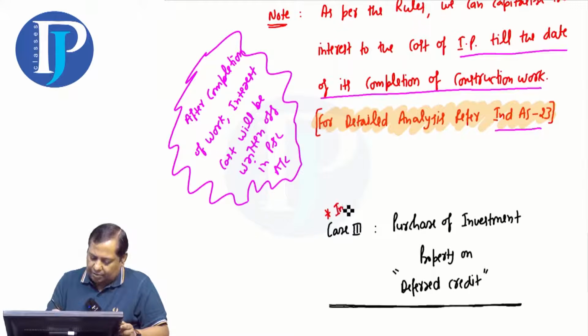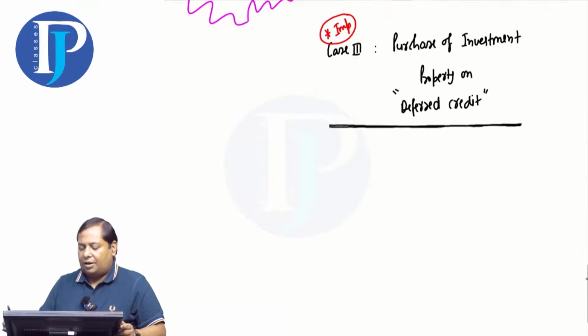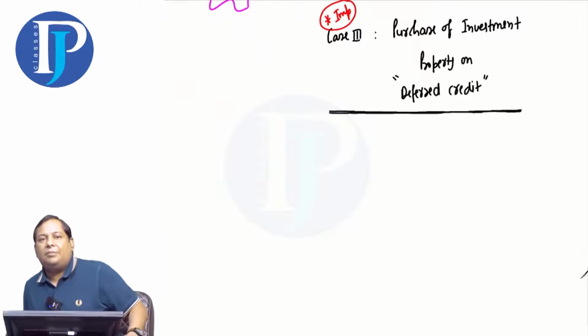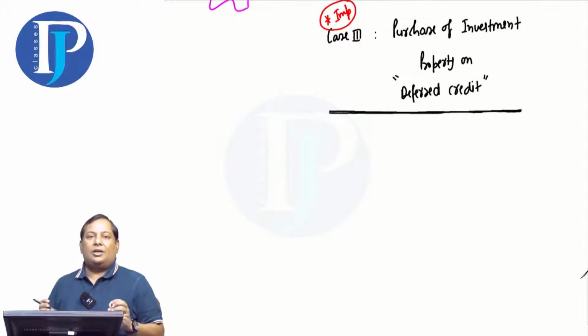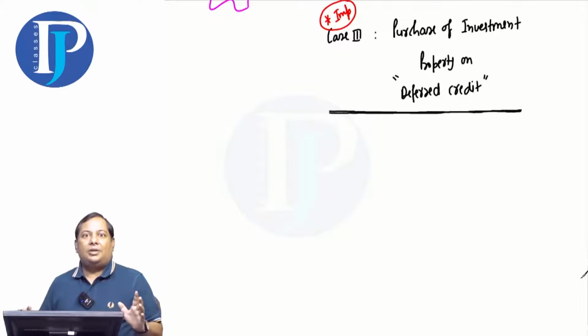Let's mark this. Important. This case should be in your knowledge, because this is a concept that you did not study in Inter. This is a brand new fundamental for you. And after reading this, your eyes will open. And you will be surprised seeing this point in Ind AS.